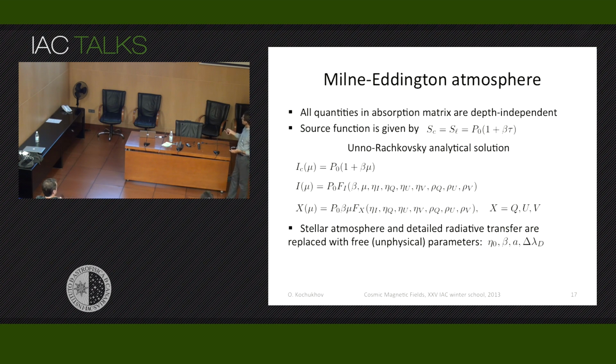The line strength beta, the constant a, and the Doppler width, which are still present here through the Voigt and Faraday-Voigt profiles. And it's a big mystery how, in papers which are actually using this Milne-Eddington approach, these parameters are fixed.